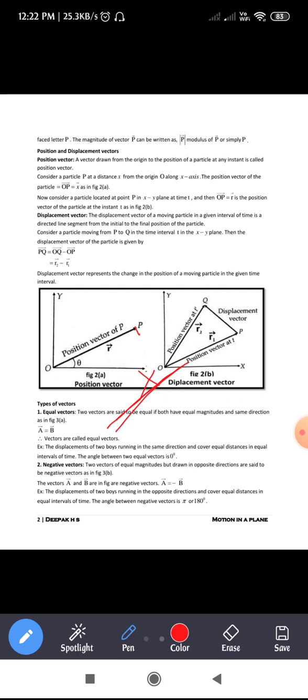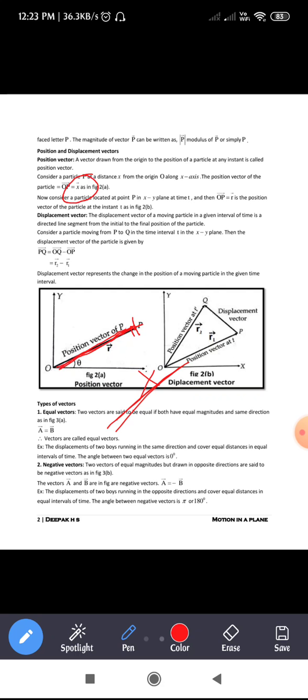If you want to represent the position of a vector, what you are going to do is draw a line from the origin to the particle where it is situated. So this represents the position vector. Vector r denotes the position vector, but in the explanation part it is a printing mistake.